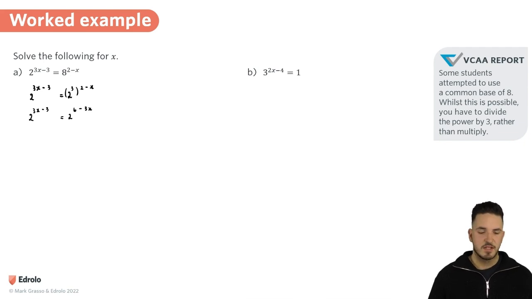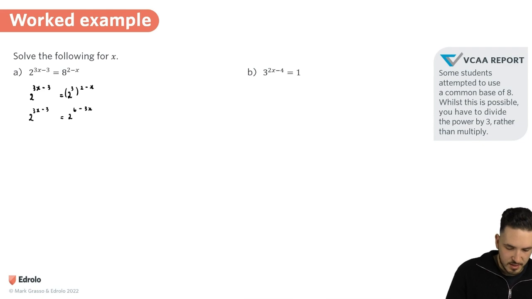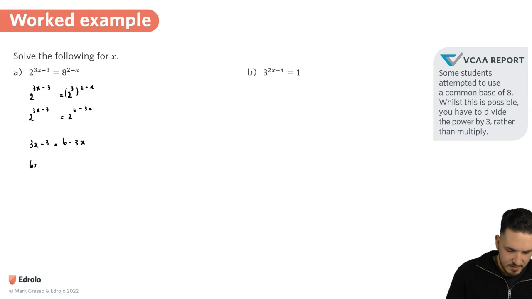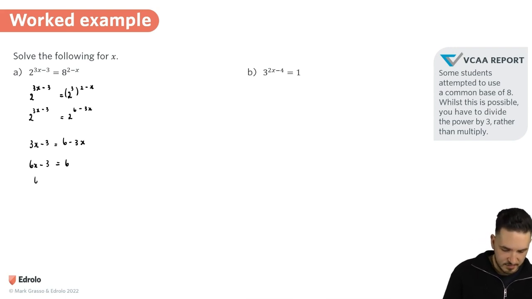At this stage, we disregard that base of 2 and work with the powers. So we have 3x minus 3 equals 6 minus 3x. Adding 3x to the left-hand side gives us 6x minus 3 equals 6. Adding 3 to the right-hand side gives us 6x equals 9.